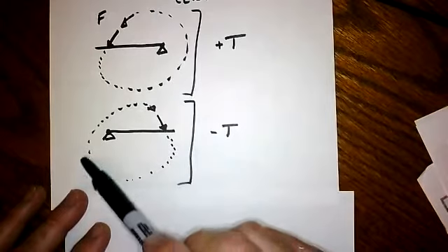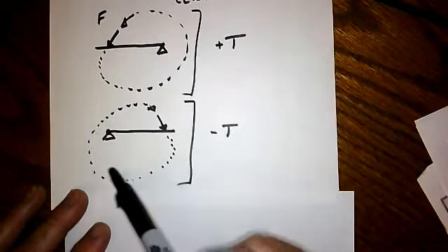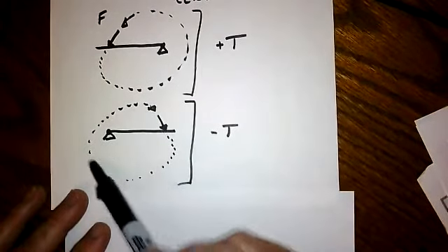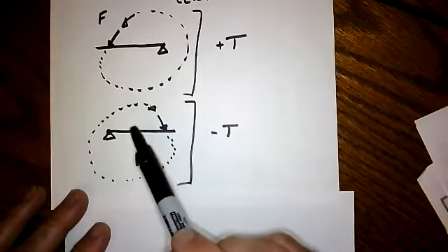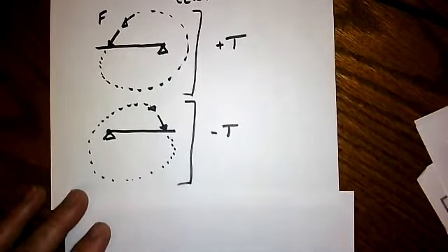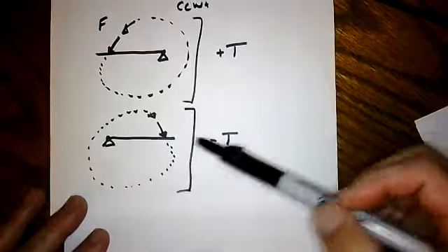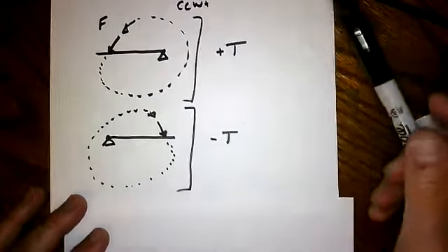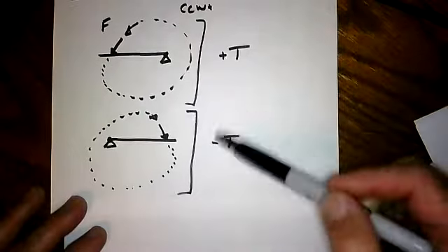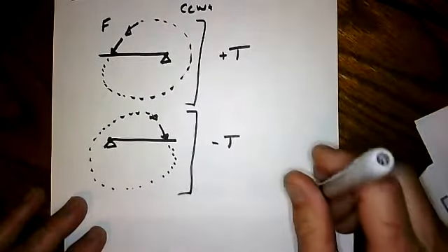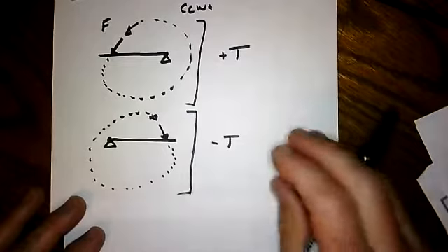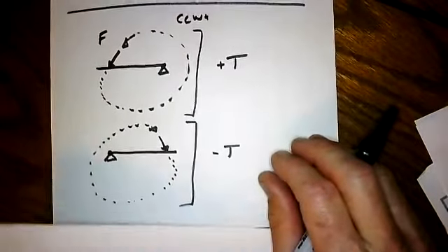And the way that we're looking at it, this would tend to rotate the lever in a clockwise direction, because now we're looking at it from the opposite side. That would be, given this reference frame, a negative torque. Nothing wrong with that. It's perfectly fine. All our math questions will be answered correctly.